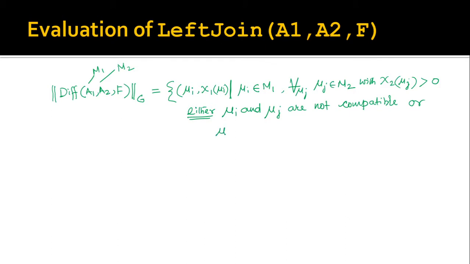So let us first take the union, mu I union mu j. So this is your union of these two, and you apply the filter over this, evaluate this over t, it should become false. In that case only you include mu I in the evaluation of diff, right?